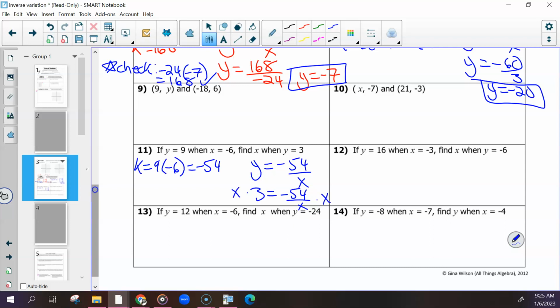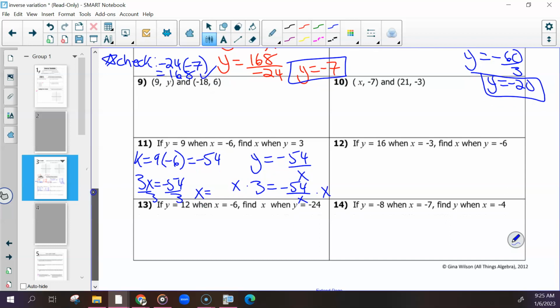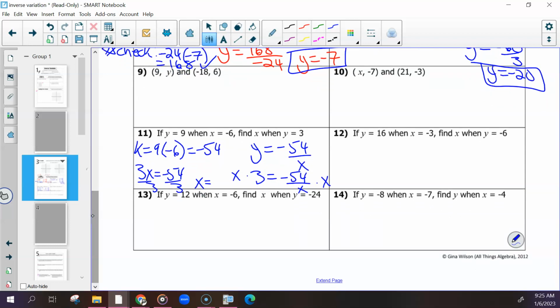So if we just multiply by x, then we'd have 3x equals negative 54, and you'd have to divide by 3. What is that?